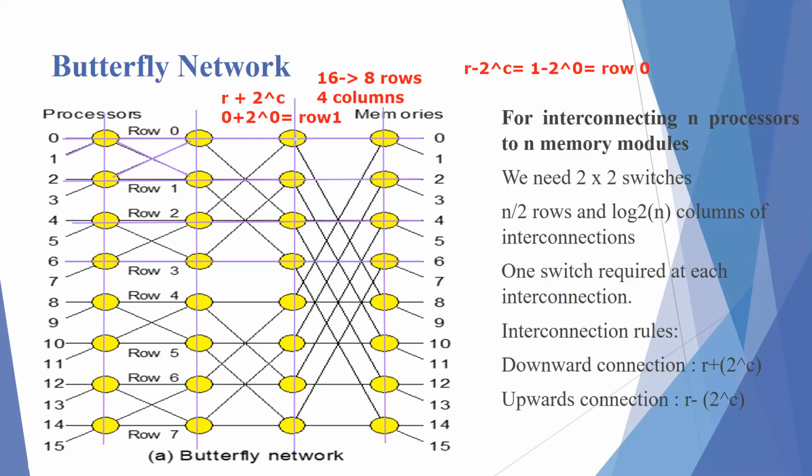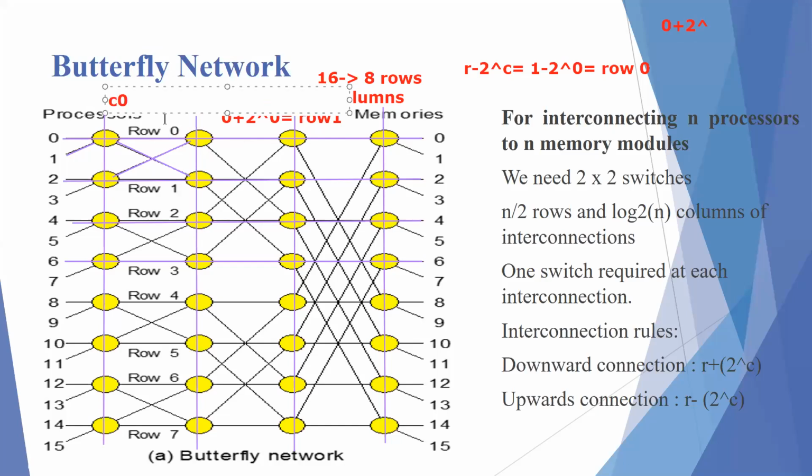connection where it will go. So if I just find out, this becomes row plus 2 raised to the power column. So row is 0 plus 2 raised to the power column is 1. It is column number 1. See here, this one, this is column 1. This was column 0. This is column 1. I'll write it.